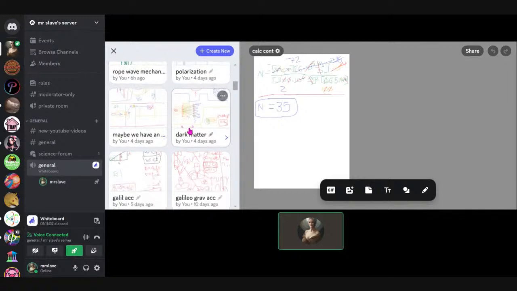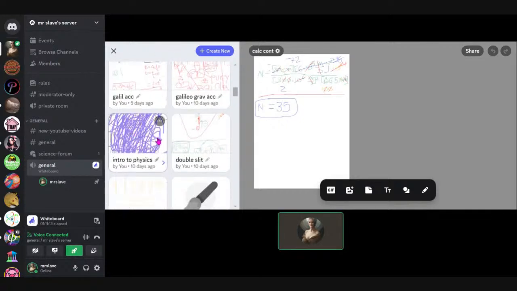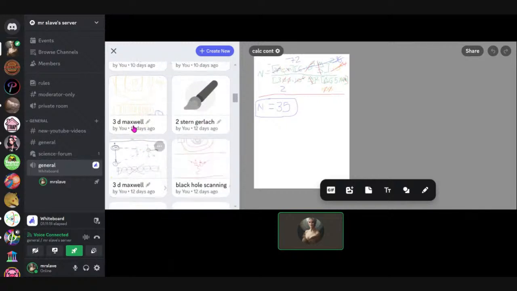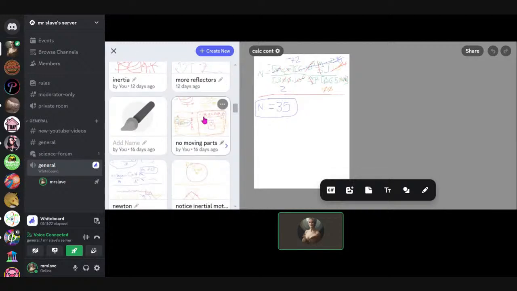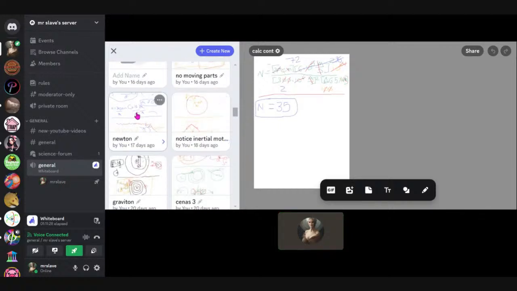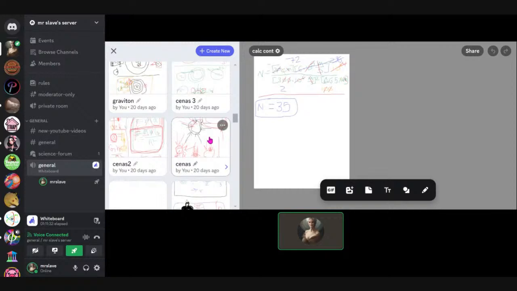Rope wave polarization, maybe dark matter, Galileo, intro to physics, double slit, Maxwell, black hole, inertia, reflectors, doubt it. No moving parts, I don't know. Newton, graviton, sinus, maybe it's sinus?